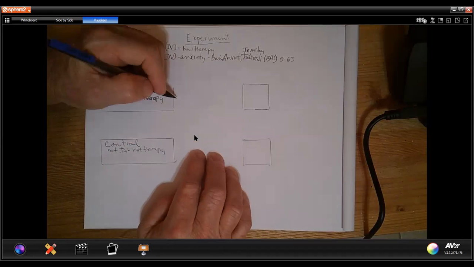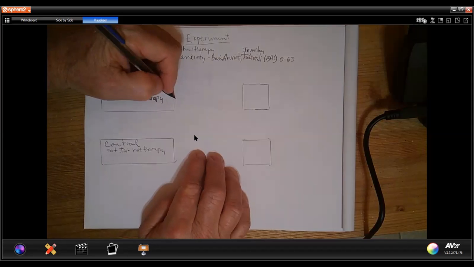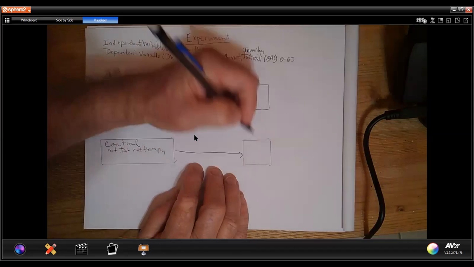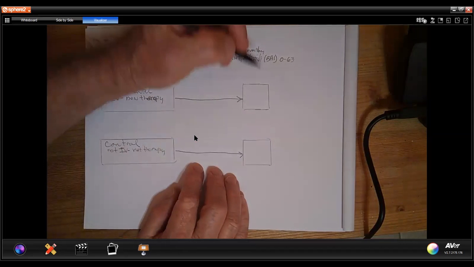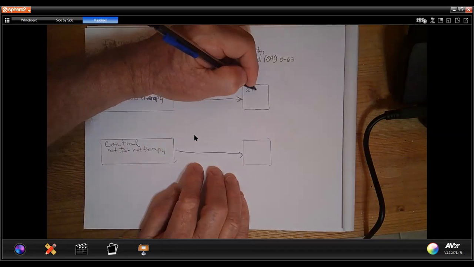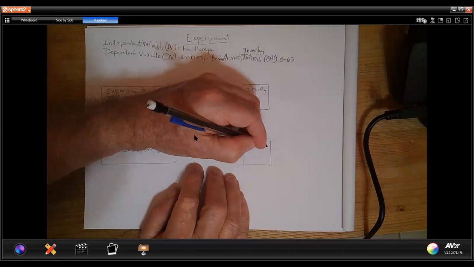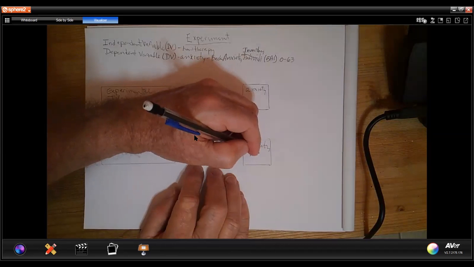So we then give the therapy to the experimental group. Control group doesn't get it. And then we're going to measure anxiety using the BAI.